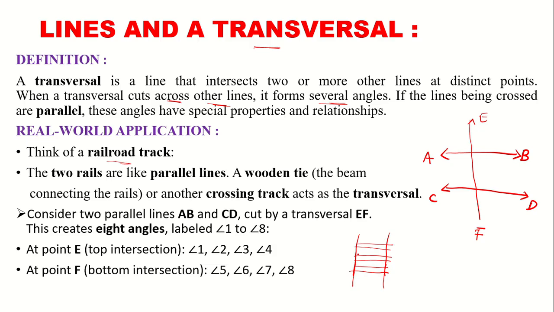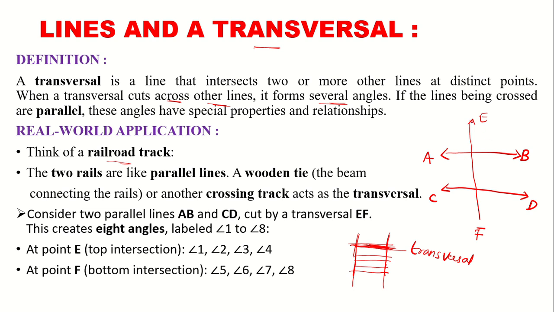Okay, so as you can see here, these are two rails, this is the first rail and this is the second rail, and we consider them as two parallel lines. This wooden tie which is crossing them is called a transversal, right?